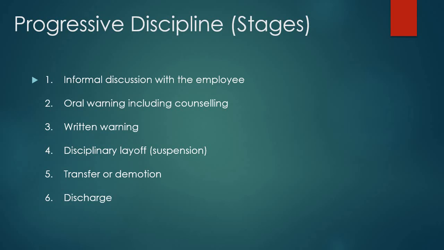A PIP should include information about the issue, including a prior verbal counseling or written warning, the work performance and/or behavior issue that must be addressed and corrected during the PIP period, and the date on which the employee's work performance and/or behavior will be reviewed. For assistance in developing a PIP, contact and work with the campus HR office.